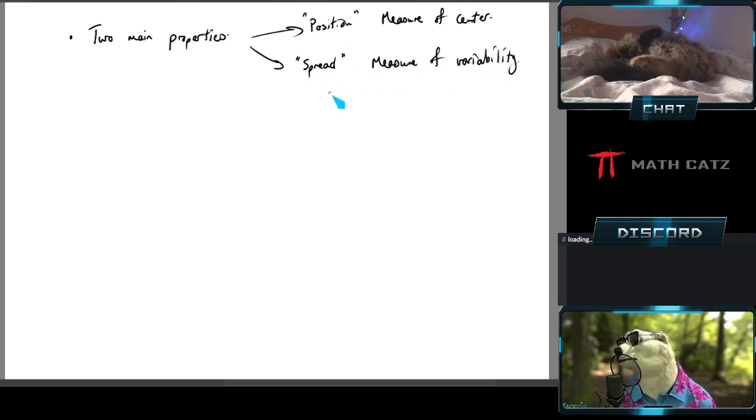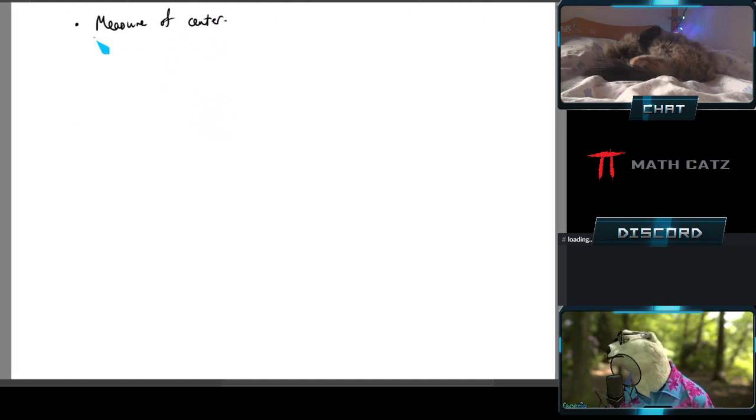Spread, right? So first up, let's put first here, we want to see how we can measure this concept of center or position. Let's put a squiggly line under it. Well, first up, we could just take the scores and average them.